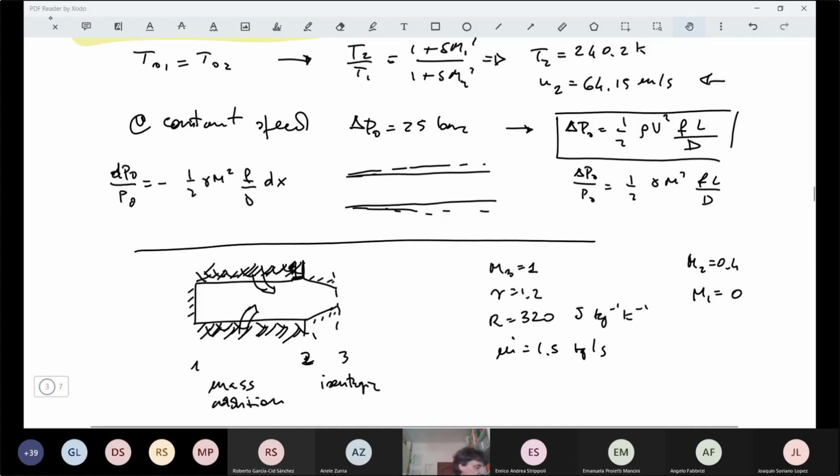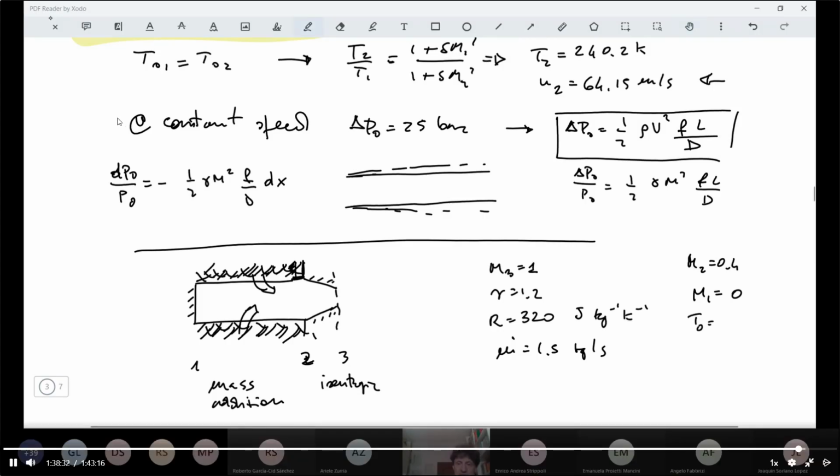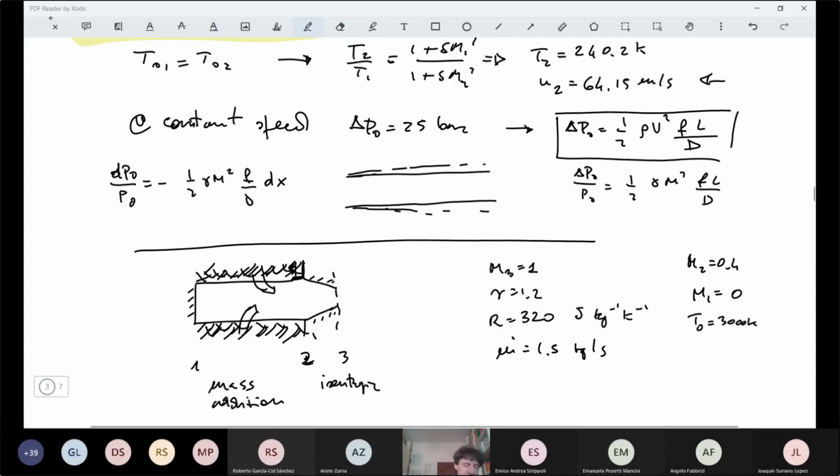Further data: T0 is 2000 Kelvin, and AT, so this is known, it's not an unknown, is 0.0003 square meters.